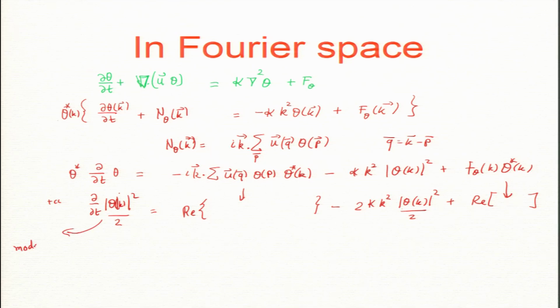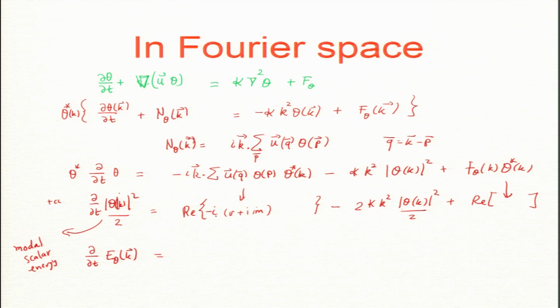So, this is called modal scalar energy, and I denote it by E of theta k. Okay. Now, there is a minus I sitting here, so I want to get rid of minus I. So, this is real plus I imaginary.